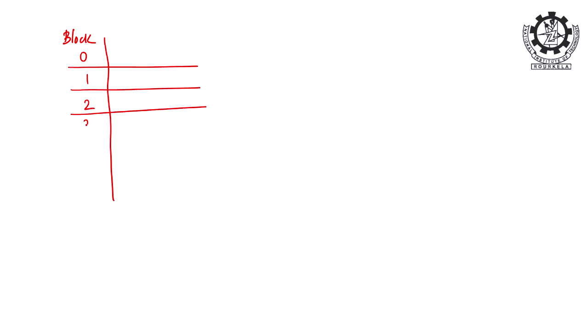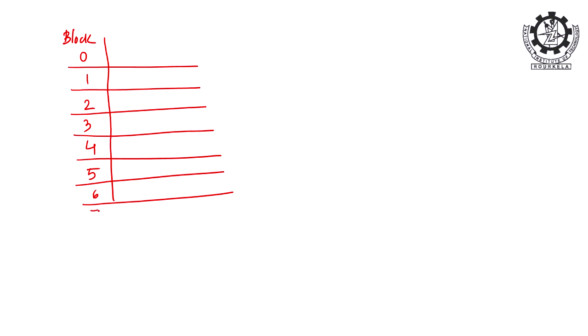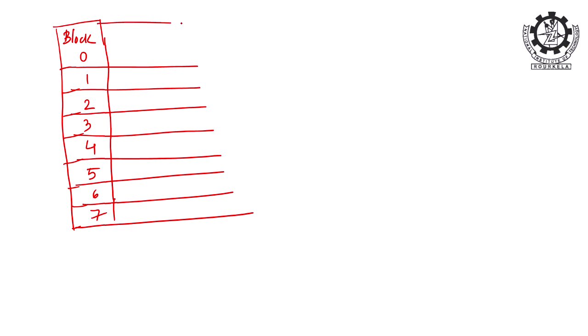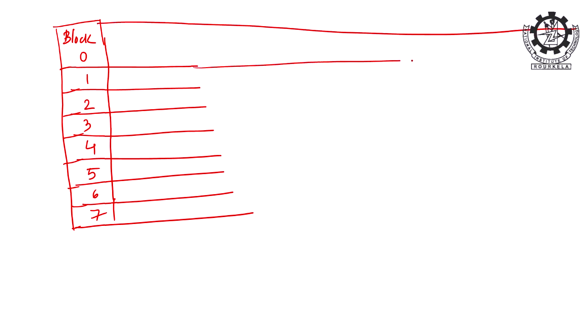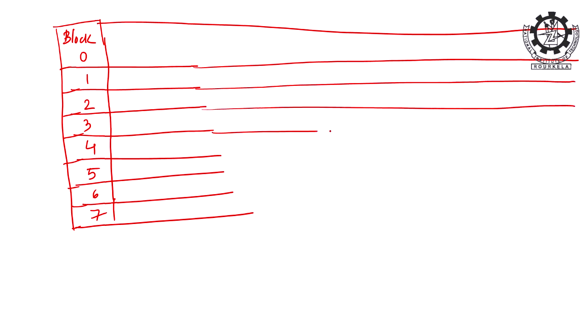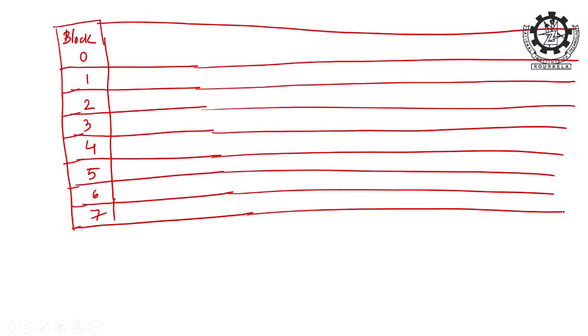So, let us say block 0, block 1, block 2, block 3, block 4, block 5, block 6, block 7. Okay. So, let us say we are drawing it like that, we will see the purpose. Okay. In case of direct mapping plus LRU.